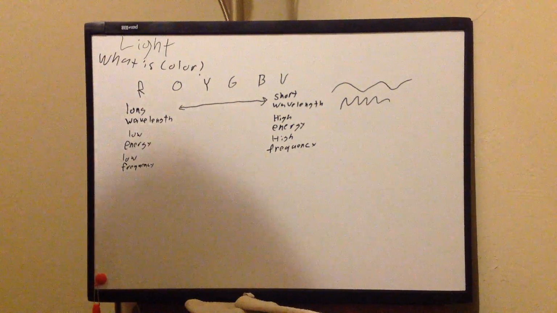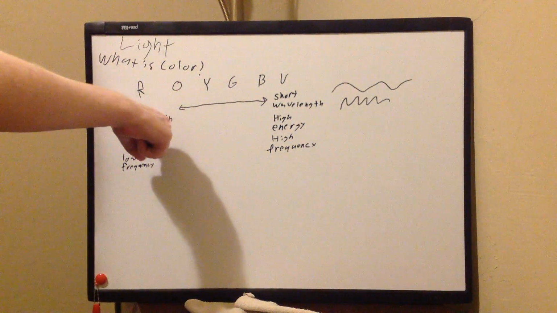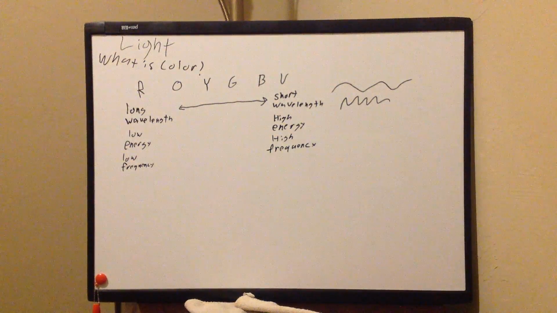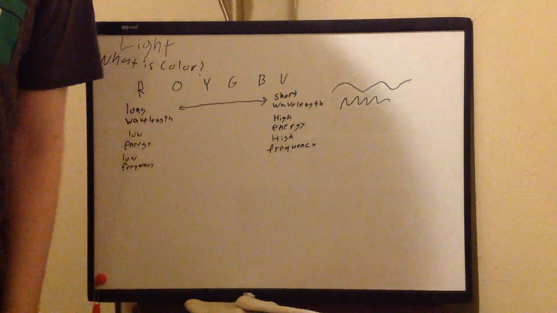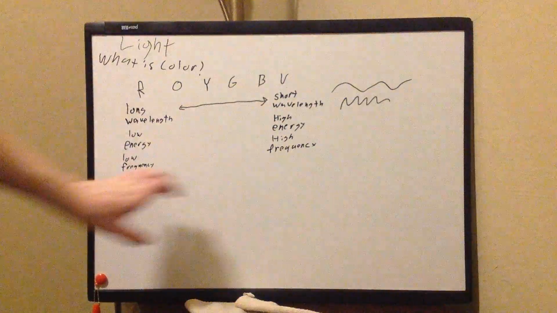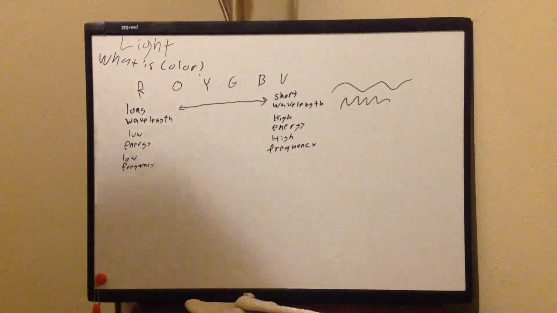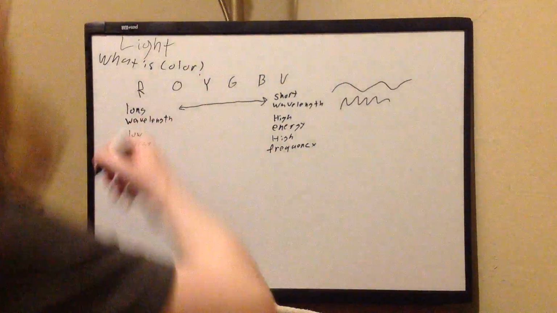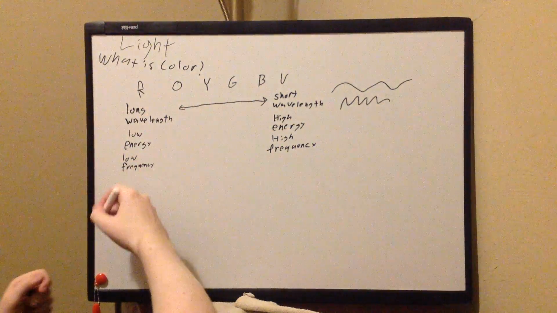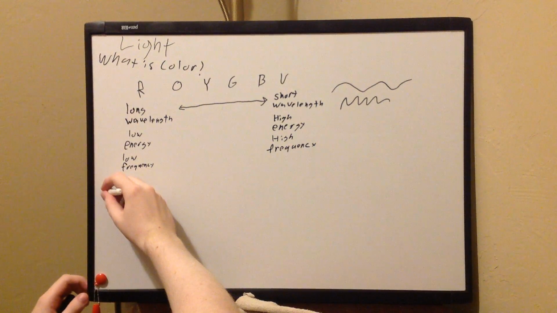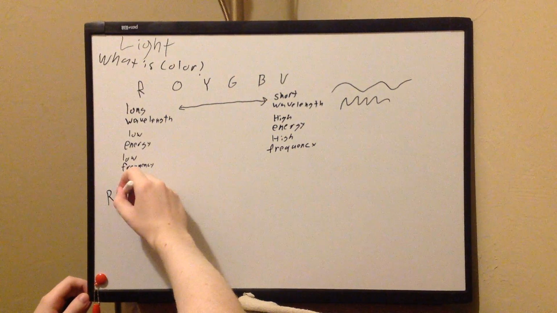I'm going to use this same scale of long wavelength over here and short wavelength over here. I'm going to draw it down here. So, here's the EM spectrum. The longest wavelength you have is radio.